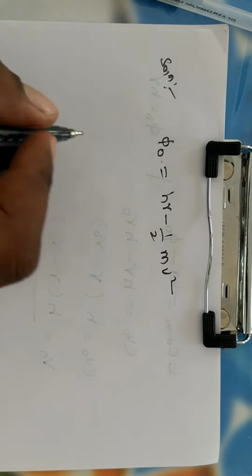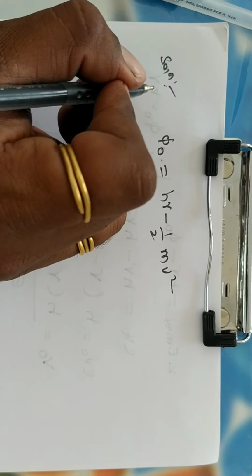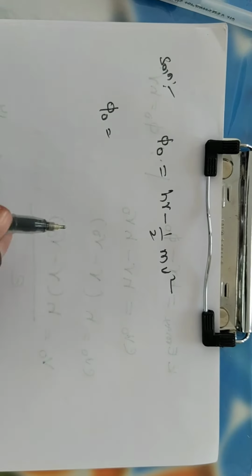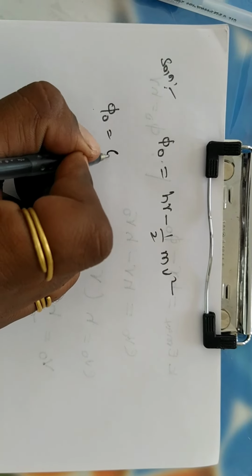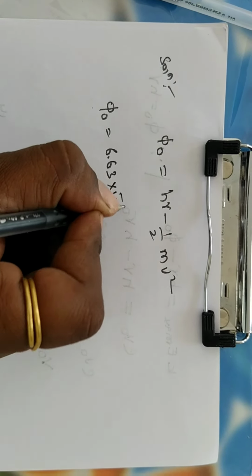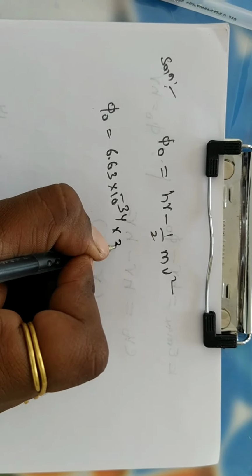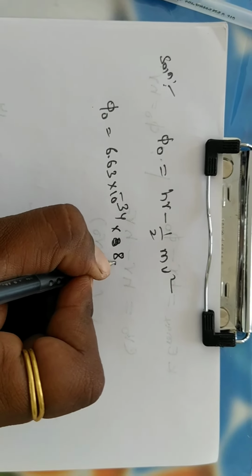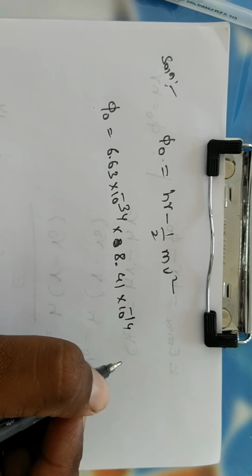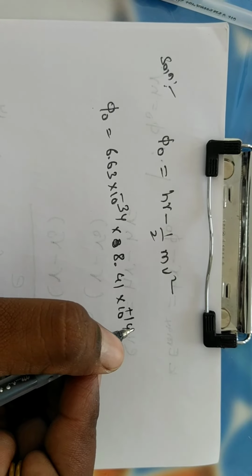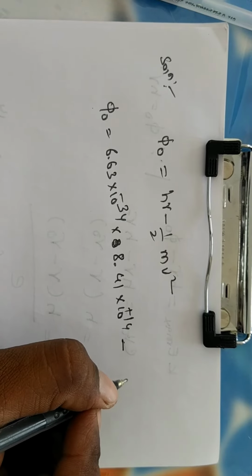Formula: phi naught is equal to h nu minus half m v square. phi naught is equal to h value 6.63 into 10 to the power of minus 34, nu value 8.41 into 10 to the power of 14, minus half m into v square.